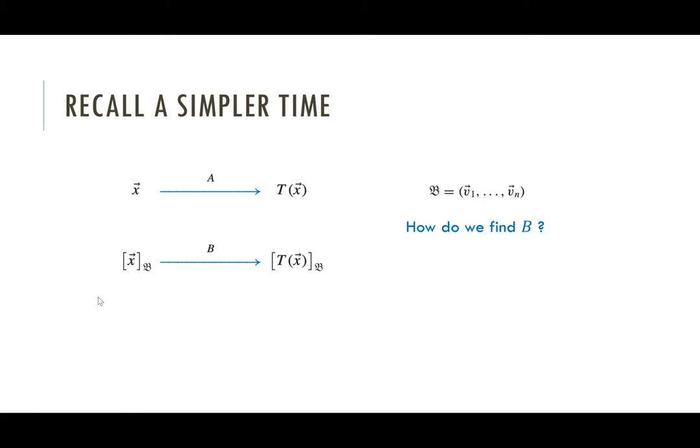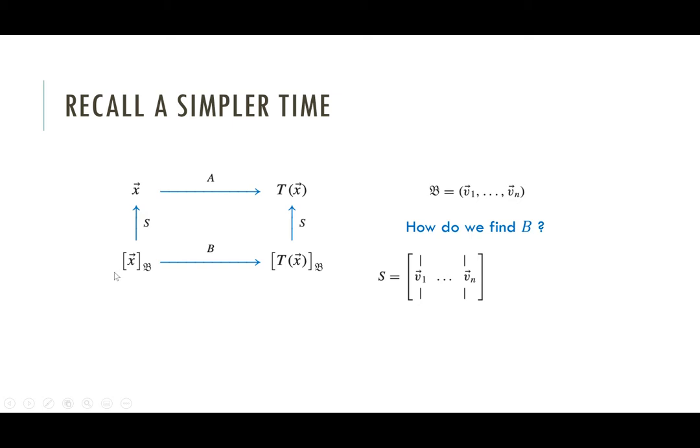What we realized is that we can actually translate back and forth between a vector in what we now think of as the standard basis and a vector written in the new basis with this matrix S, where the columns of S are the vectors of the new basis.